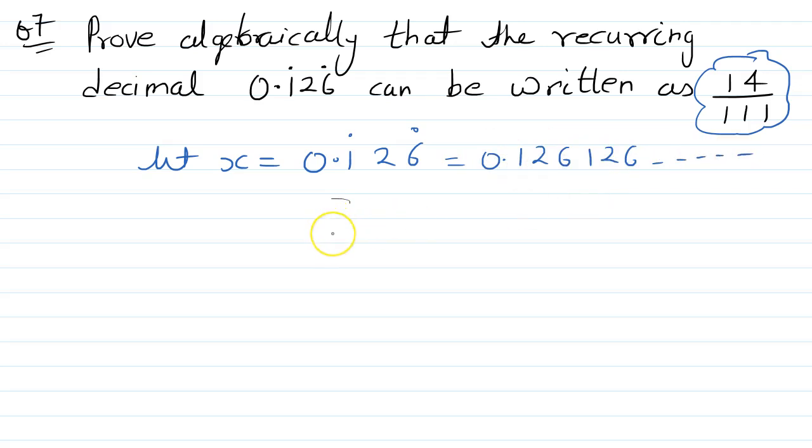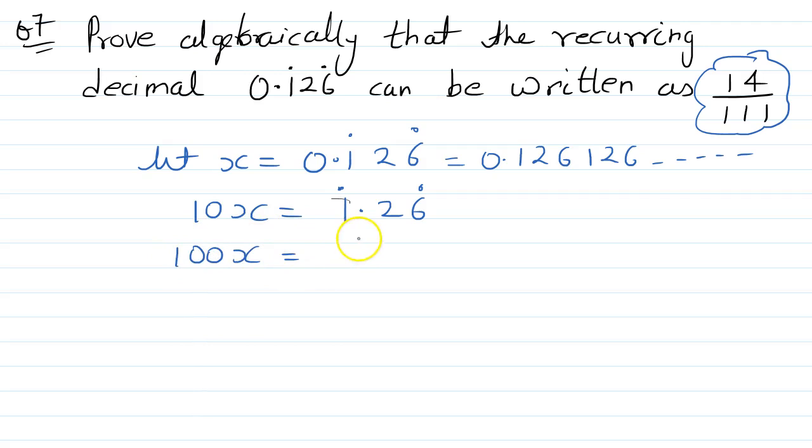Let's multiply by 10x first here. If you multiply by 10x, it will be 1.26 recurring, and this and this will be your answer, which is not working, I hope. So let's go for 100 first here.